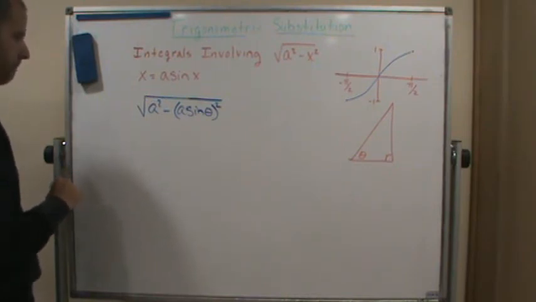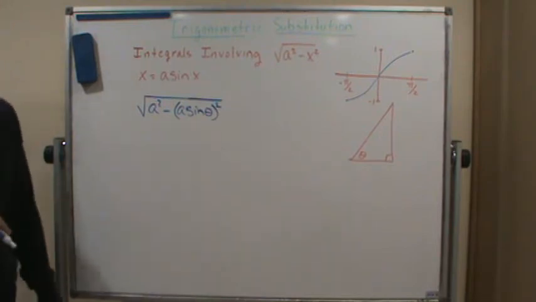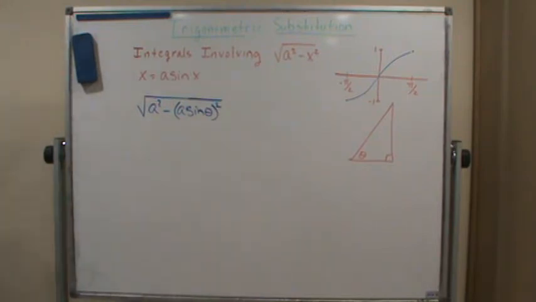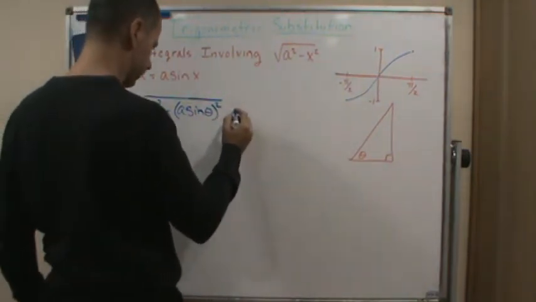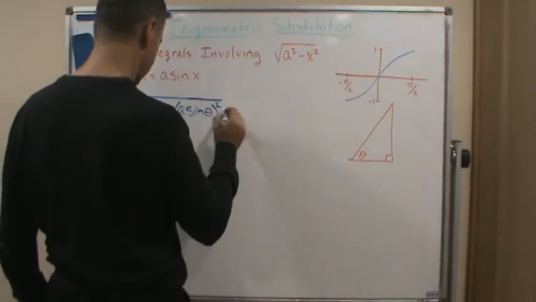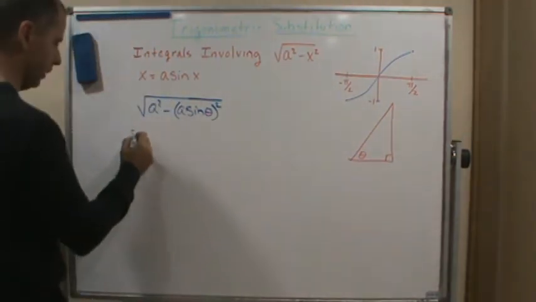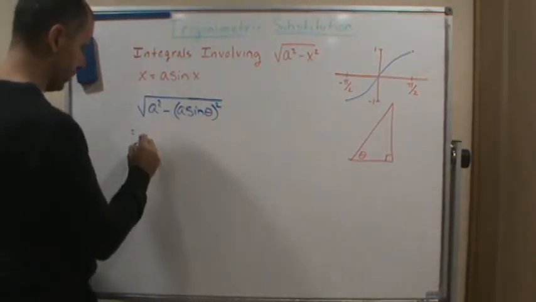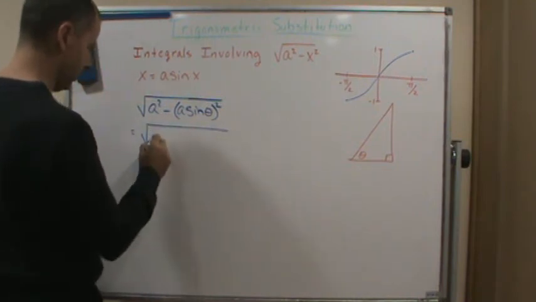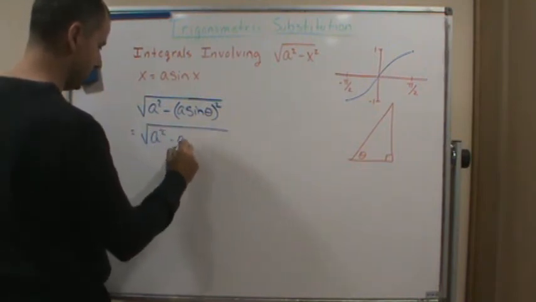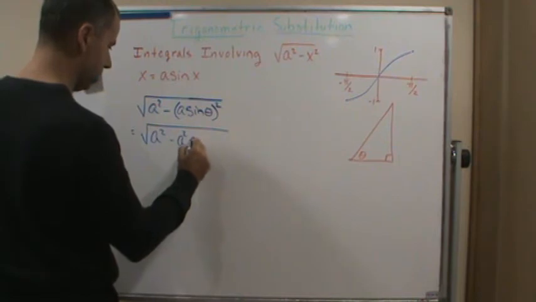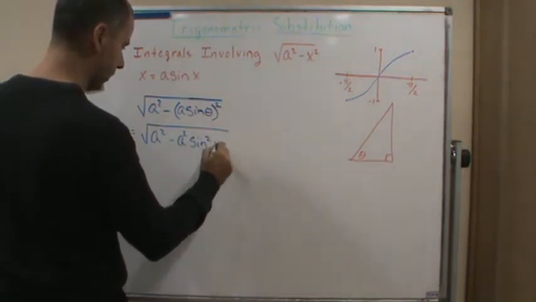Now watch what happens. If I do my substitution, I get a squared minus a squared sine squared theta.